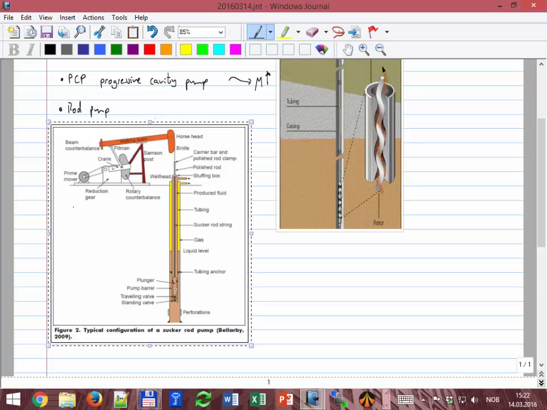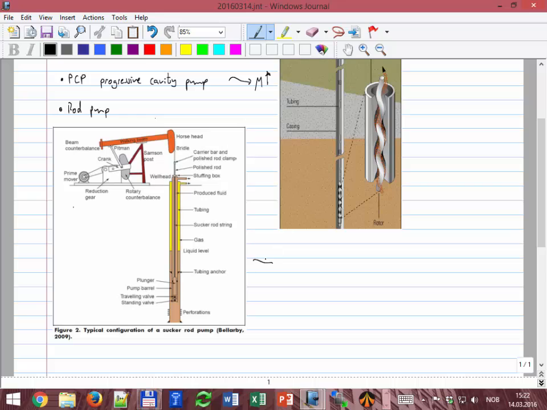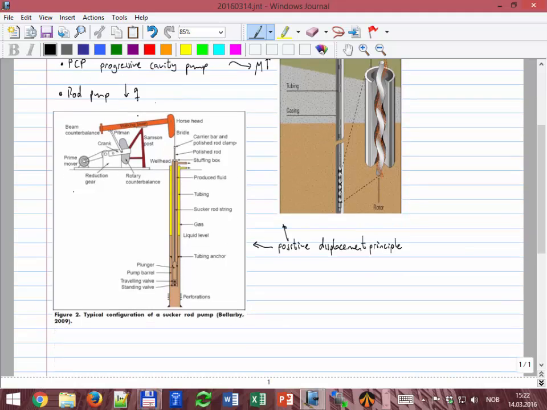These two are based on a positive displacement principle. And actually we could do some examples about it, but I don't think there is enough time. Also this is for low rates, low Qs, and PCP is actually slightly higher rates than rod pump, but still low rates compared to ESP.